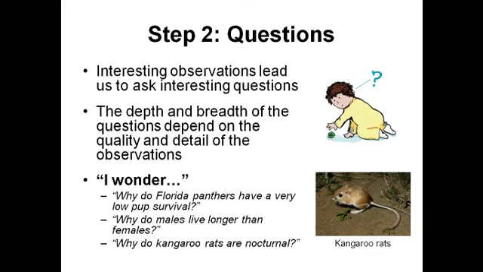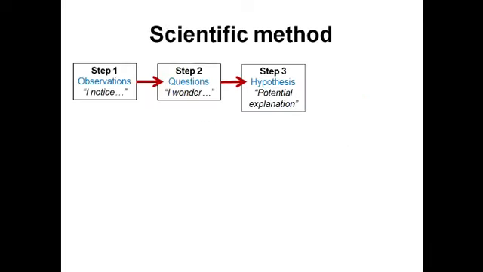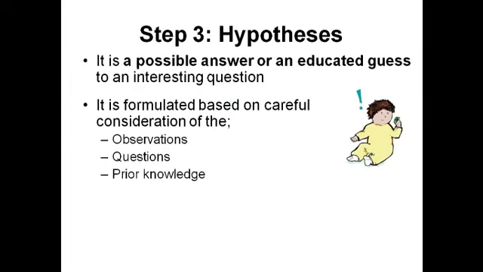Do you remember the next step? Step number 3. Yes, it's hypothesis generating. A hypothesis is a possible answer based on your previous experience or your previous knowledge, and it's an educated guess, not just a guess, an educated guess.